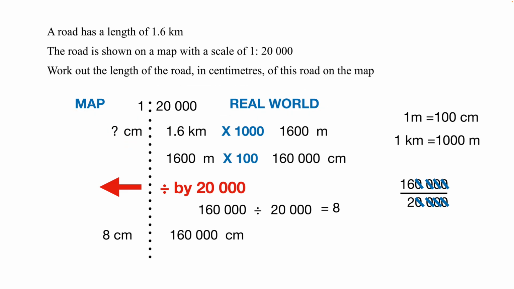And we then equate the same units. If you get it down to the same units, then you're halfway there. You can't really divide 1.6 by 20,000 because we'd end up with an answer of 0.00008 kilometres, which is why they've asked for centimetres.